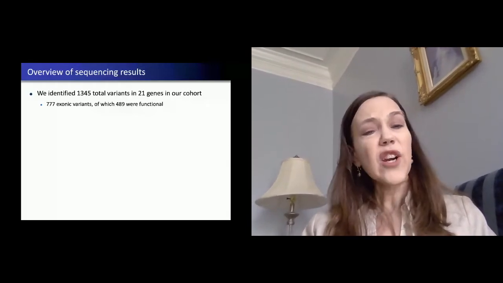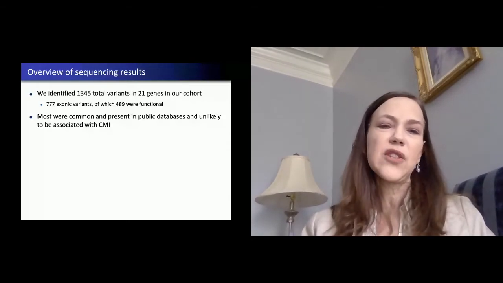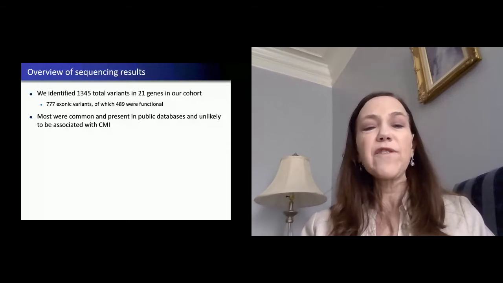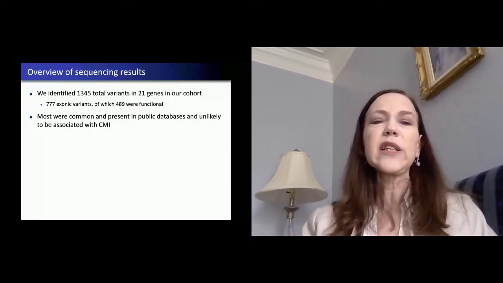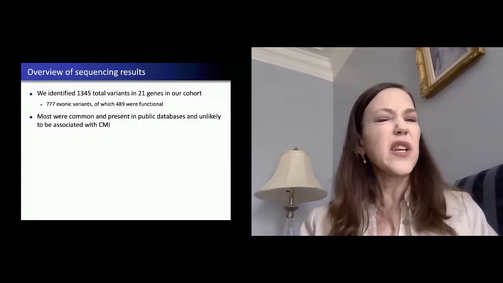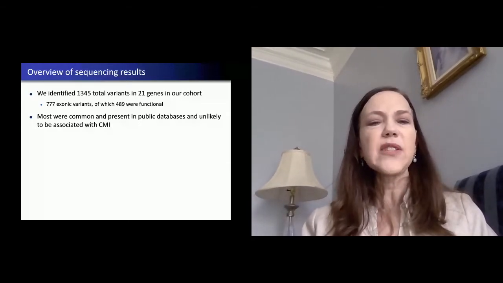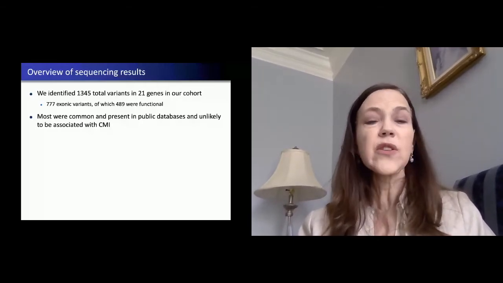But when we started looking at these variants and comparing them to the literature and the public data, what we found was there were a lot of those variants that really were present in all these other databases. So they really just were not likely to be associated with Chiari. So we excluded those.